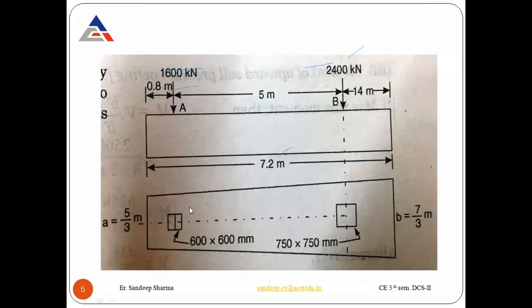So see this figure. We know that here we have these two widths, and let's take the x distance somewhere here, where we need to calculate the width of the footing.